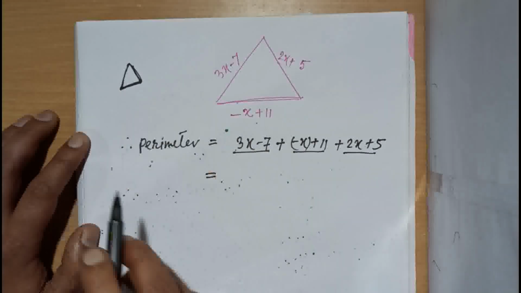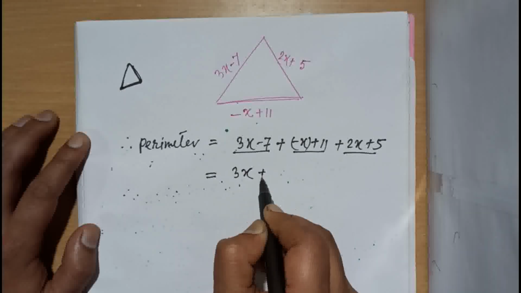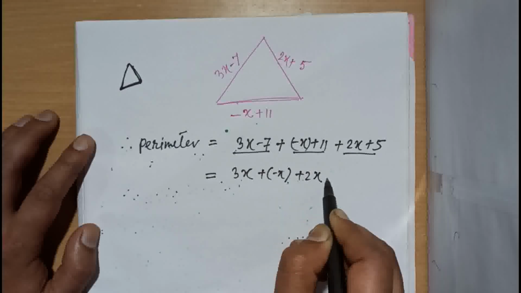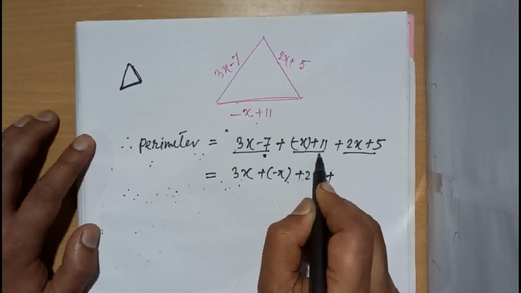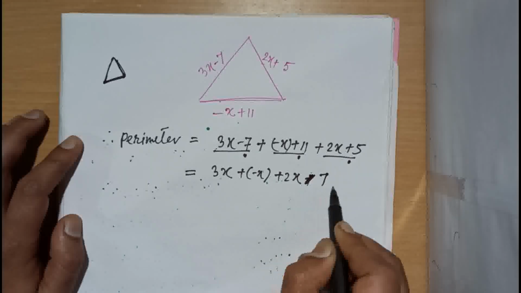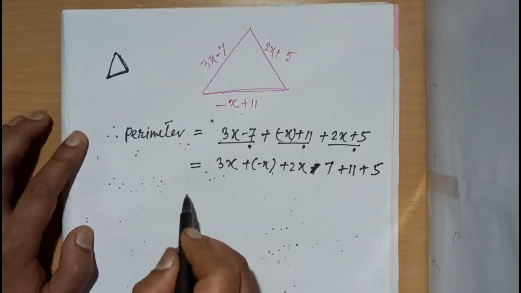Now here also we'll arrange the like terms. This term is like this one, and again we'll arrange this one and this one, they are also like terms. So this is minus 7 plus 11 plus 5.